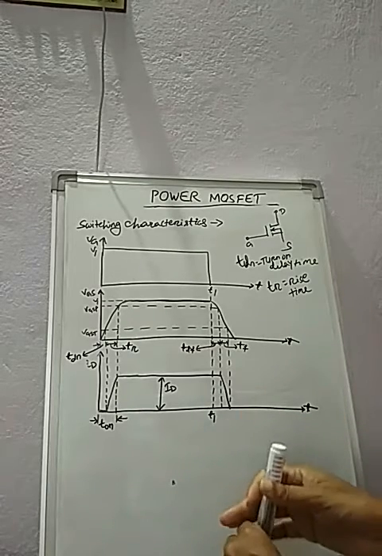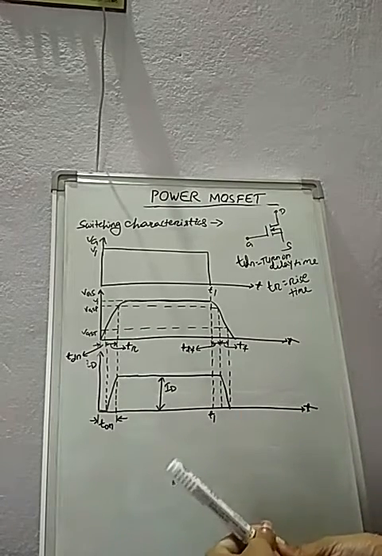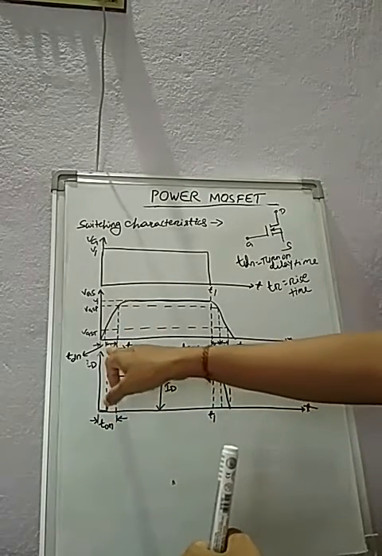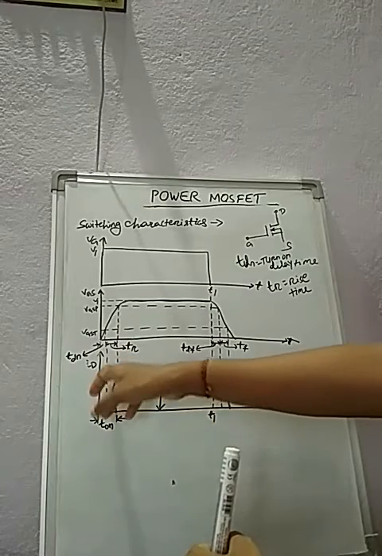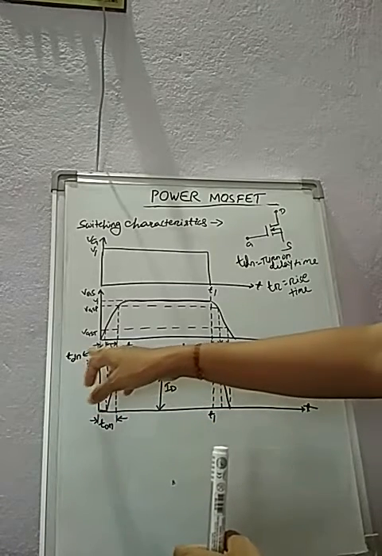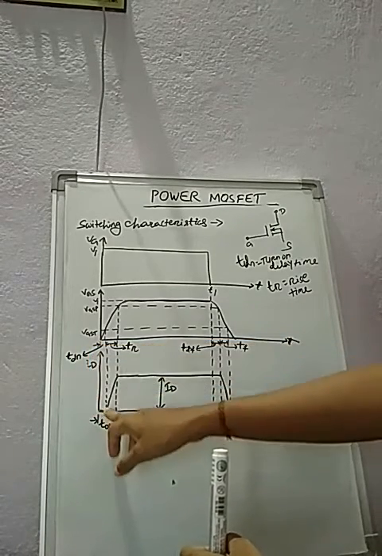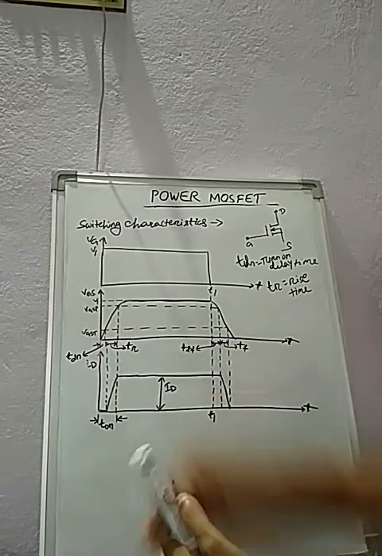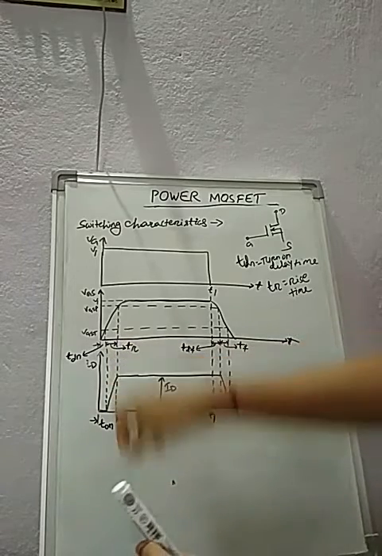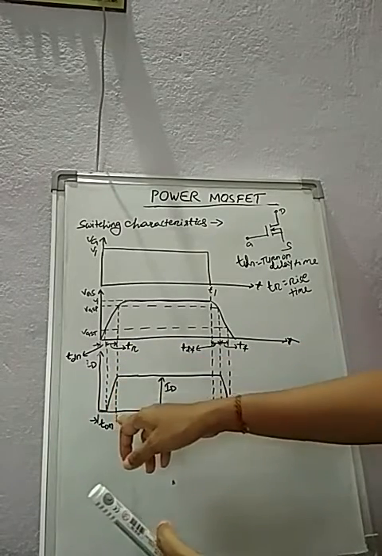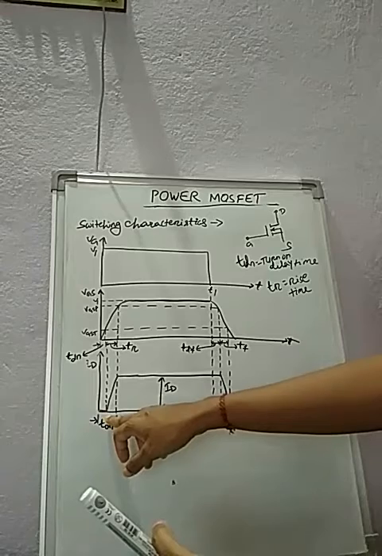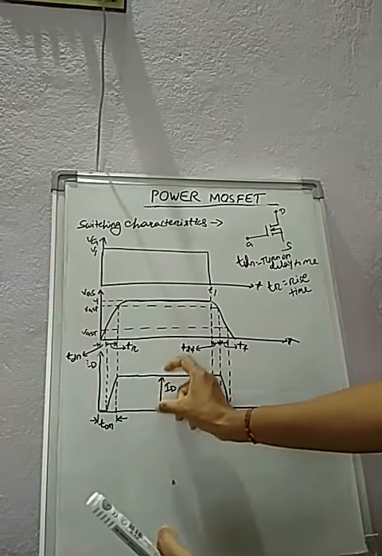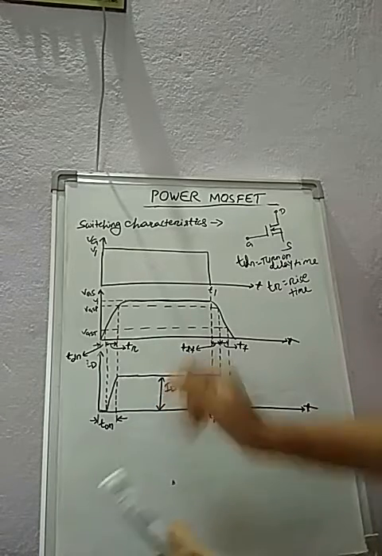So during TR, what happens to the drain current? This is the TR duration. Before TR, in the turn on delay time, the drain current ID is 0. But during TR, the drain current rises from 0 to the full ID current level. This is the maximum ID current level, represented by capital ID.